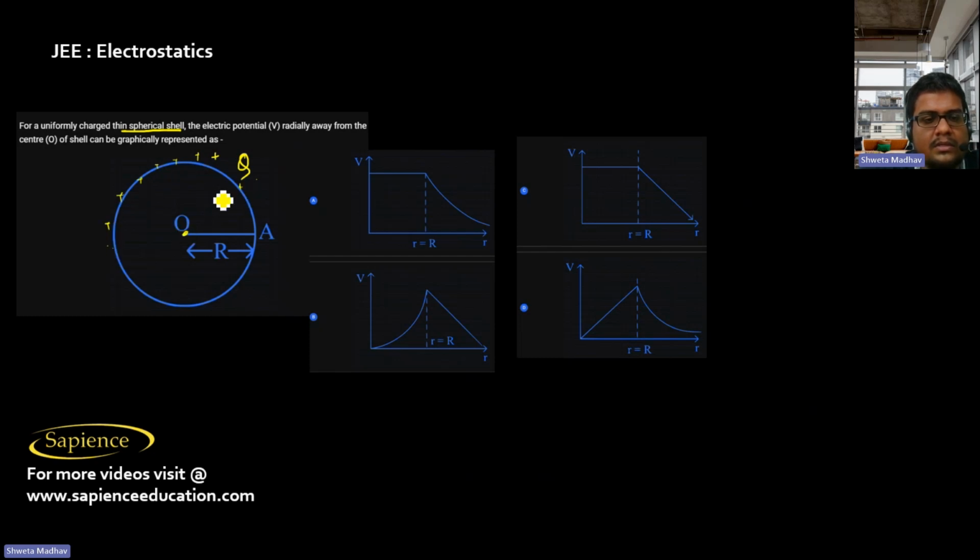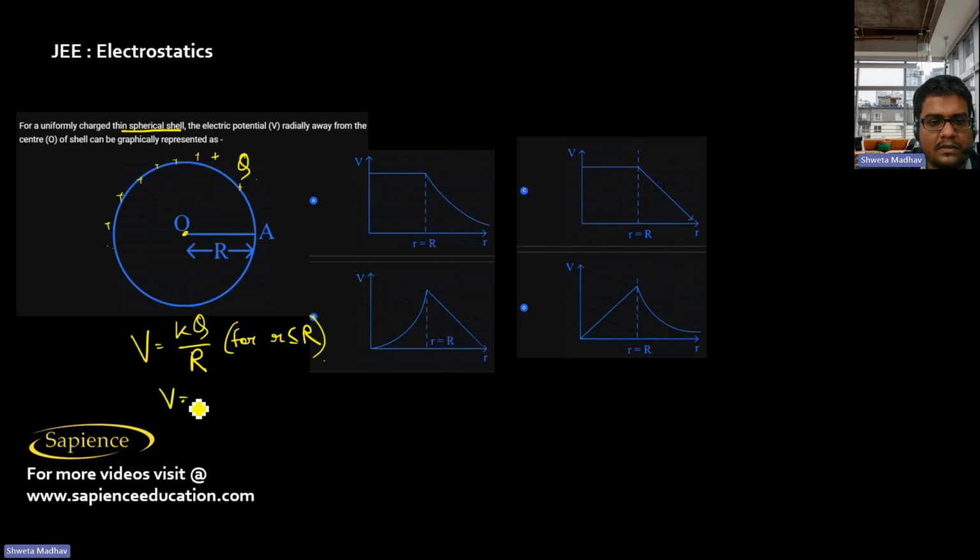So inside, V will be equal to KQ by R for r less than or equal to R. Hence the electric potential at the surface will be the same as the electric potential inside the sphere.